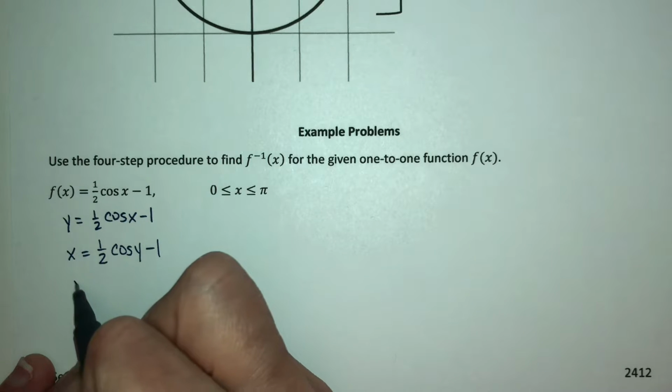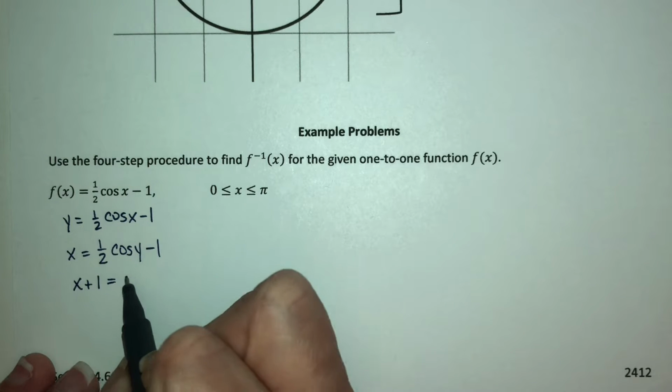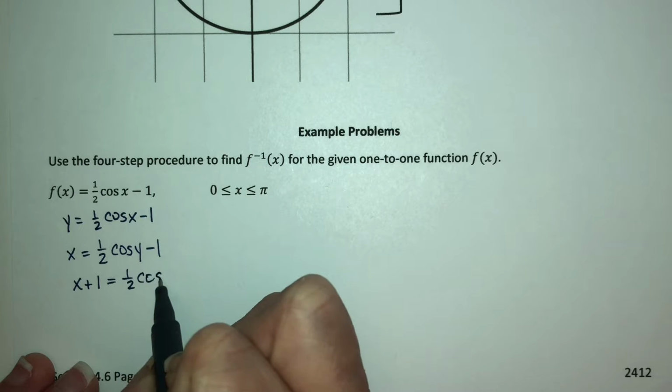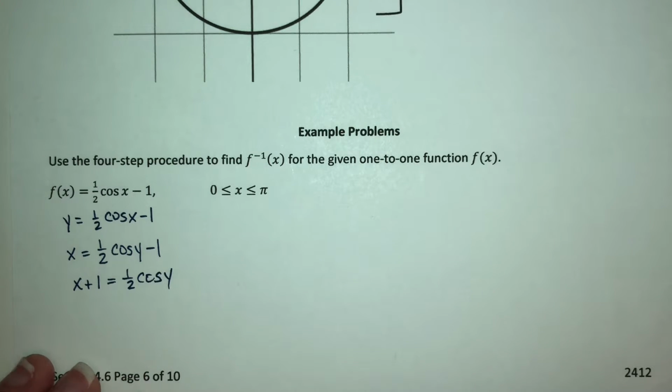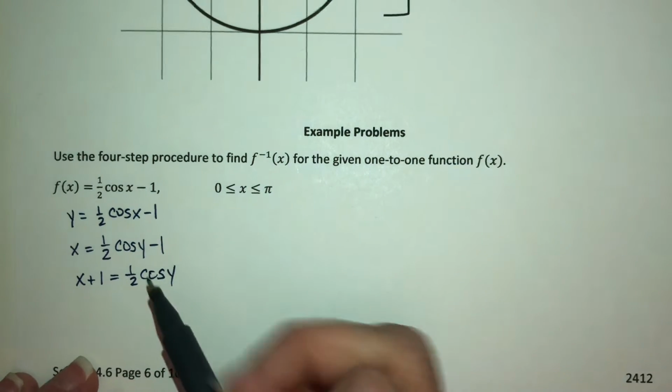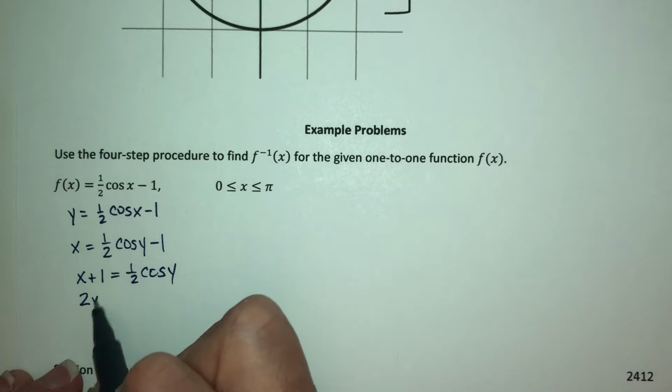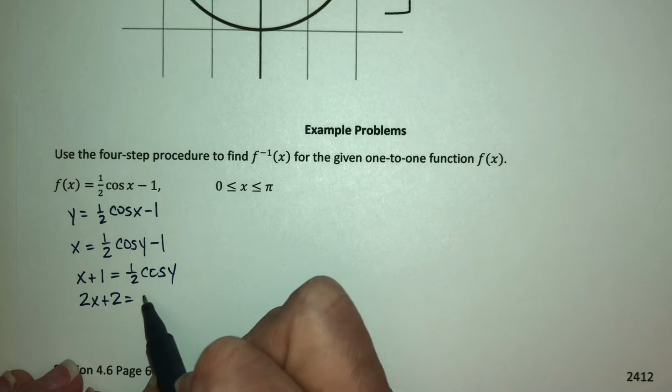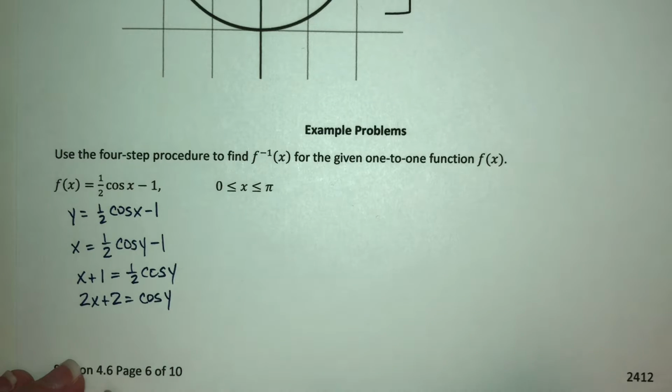So here I'm going to add 1. x plus 1 is equal to 1/2 cosine of y. Now multiply everything by 2. 2x plus 2 is equal to cosine of y.